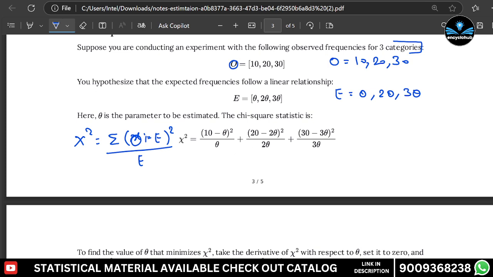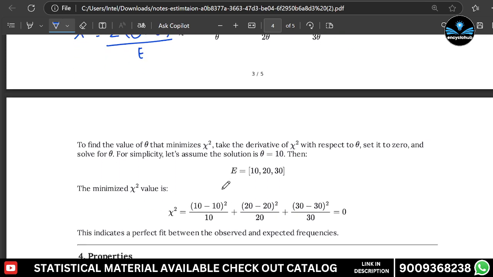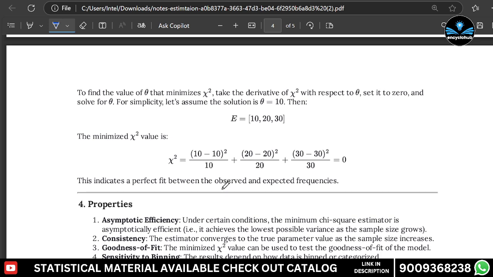By putting in these values, we will get the final value, which will be 0. Suppose that our expected values are 10, 20, and 30. We put these values and we get 0. So this indicates that there is a perfect fit between the observed and the expected frequency.